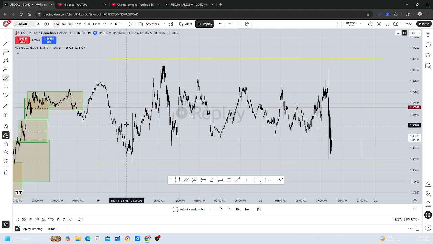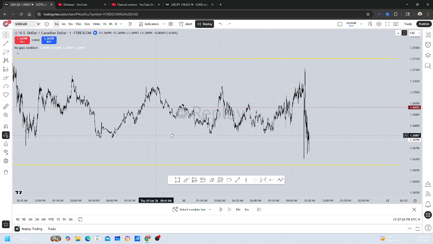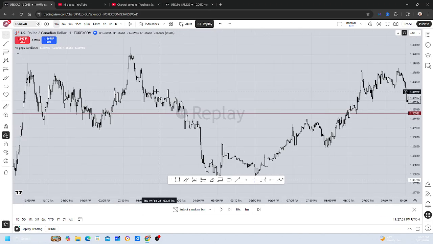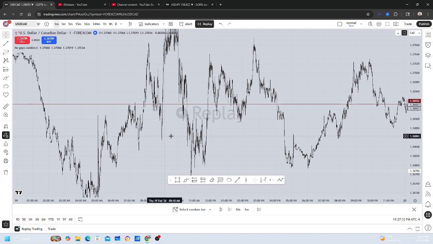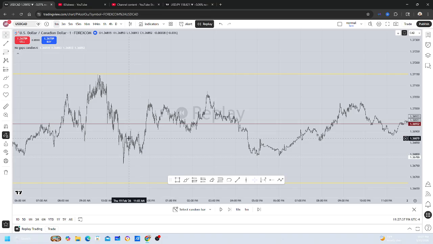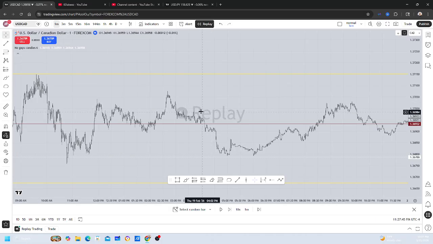So we see 1, 2, 3, 4, reverse. Come back down. Look at this leg again. Then you count going up. 1, 2, never really worked out. 3, okay.